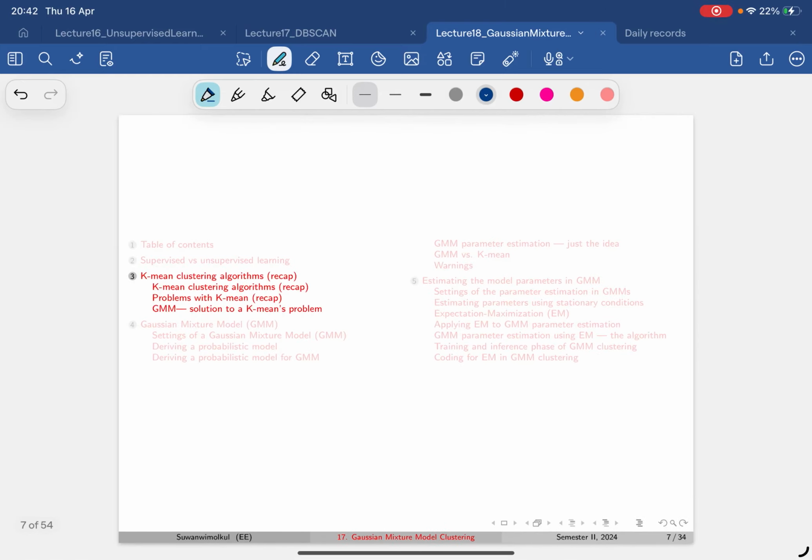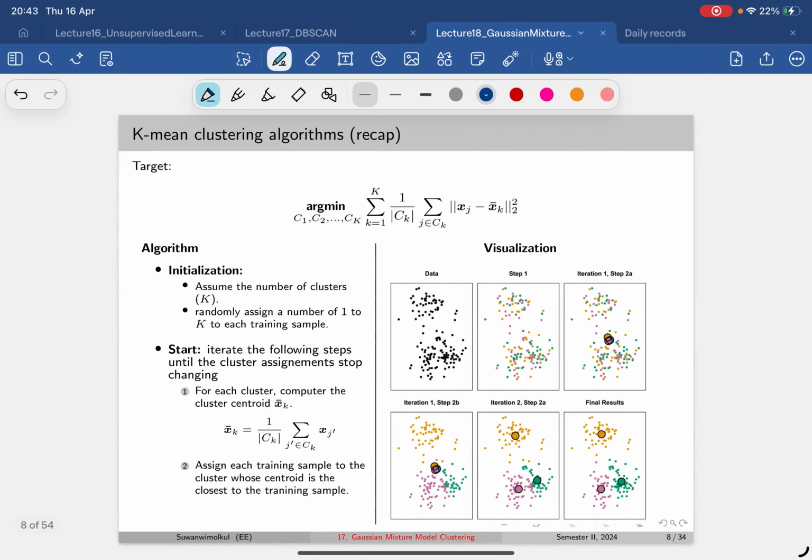But before we go over Gaussian Mixture Model, let's recap a little bit about the K-means clustering algorithm, because both algorithms are quite similar in a sense, but it's not the same. K-means is the algorithm where you want to find the set of clusters, given that you know how many clusters there are in the data.